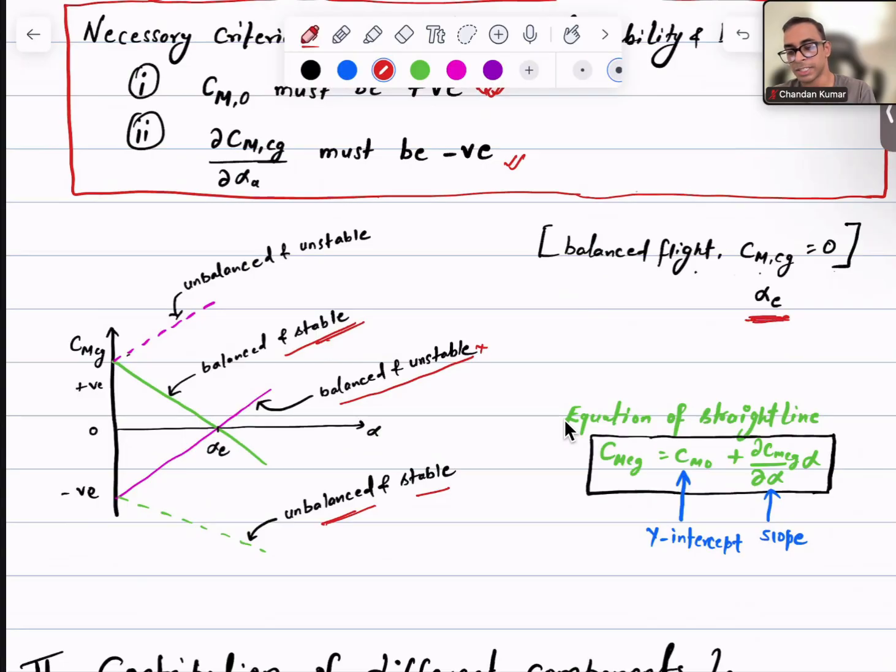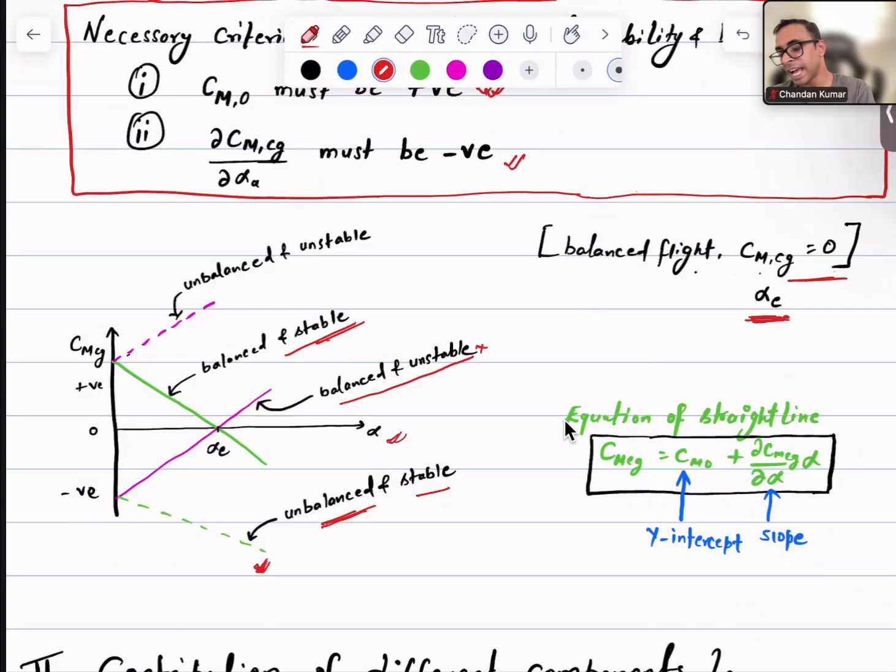In this particular flight, there is never going to be a situation when the moment about the center of gravity is zero. This curve has a negative slope, but it doesn't have any trim situation, because this dashed line is never going to cross the x-axis, which is alpha. Hence this flight will never be balanced.